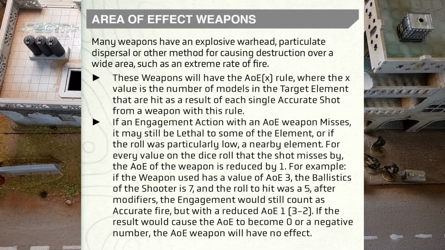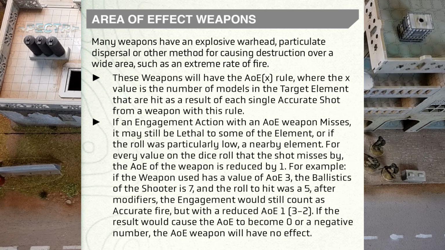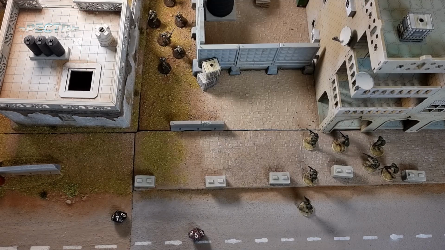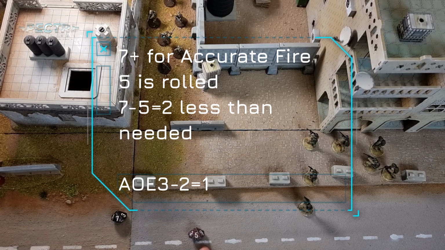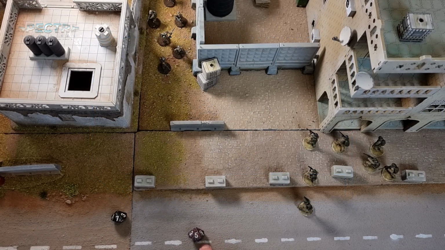Now, if you miss, for every point on the dice that you miss by, you reduce the AoE value of the weapon by 1. So in this case, we needed a 7 for accurate fire, but we rolled a 5, which is 2 less than we needed. It is important to note, as long as at least one model is affected by the AoE rule in a target element, it will still count as accurate fire for the purposes of making stress tests.